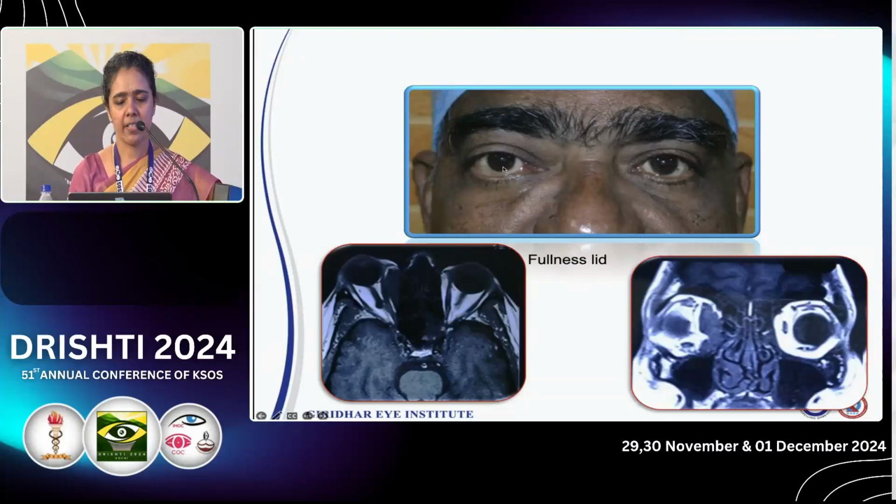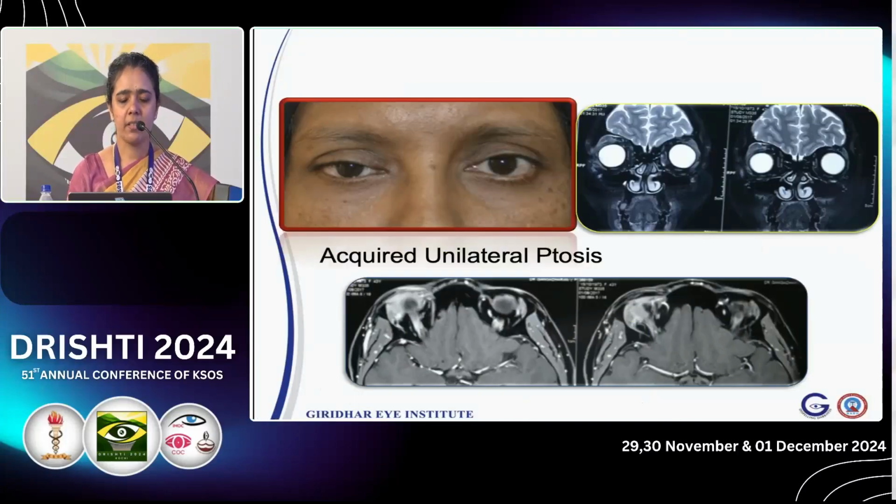Again, a similar case. He had not noticed his proptosis. He just came with some sort of fullness in the upper lid. Again, this is not allergy. Get an imaging done. So this is another patient. She's already a known case of CA breast, treated a long time before, like 24 years back, but she had a mild ptosis.